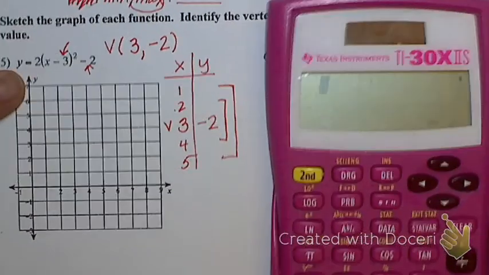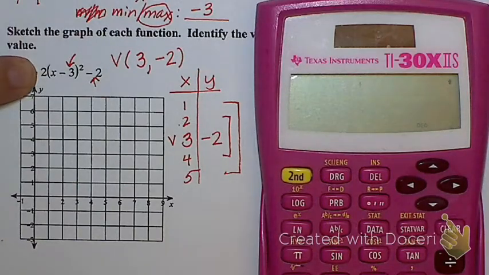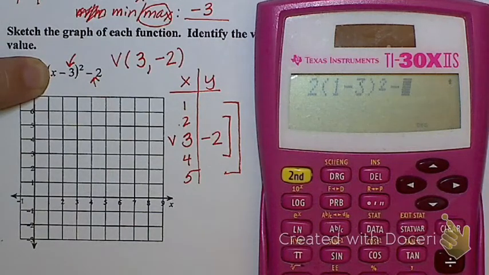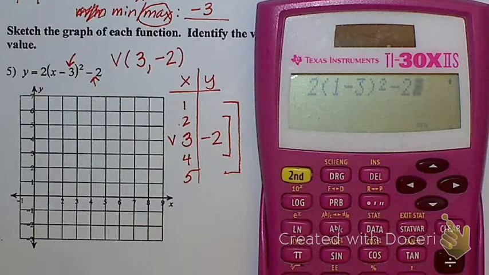Now, these are a little bit more tricky to plug in. I have a 2, and then a parentheses, and then x, I'm going to plug in 1, minus 3, parentheses squared, minus 2. Do you see how I've got that typed in? Yours needs to look just like that.